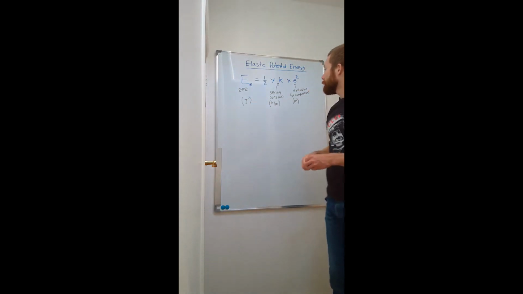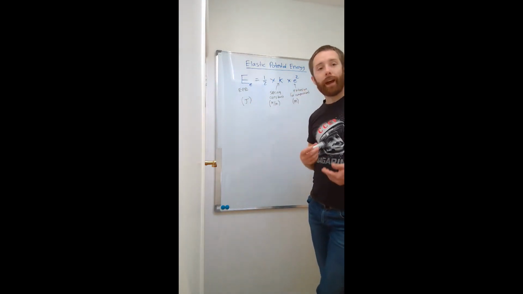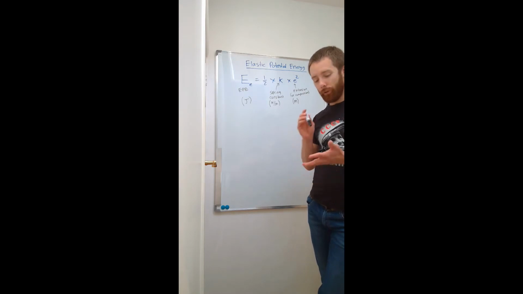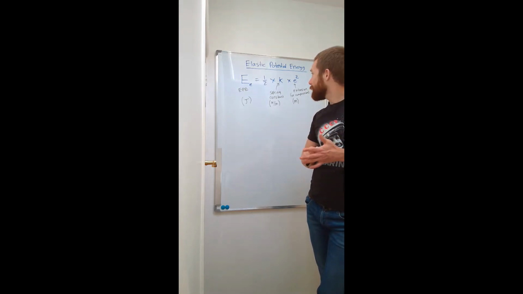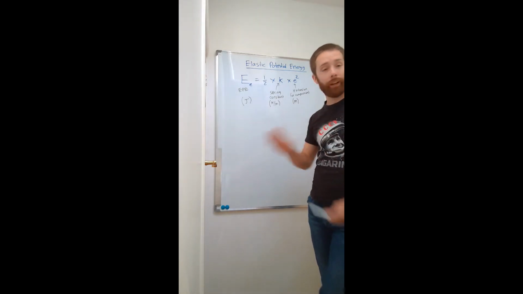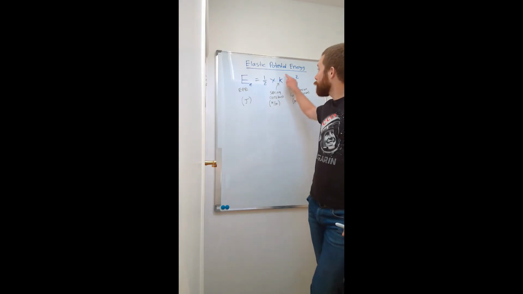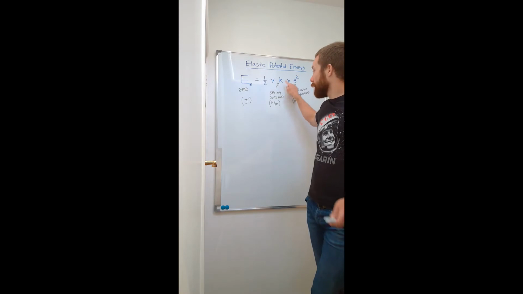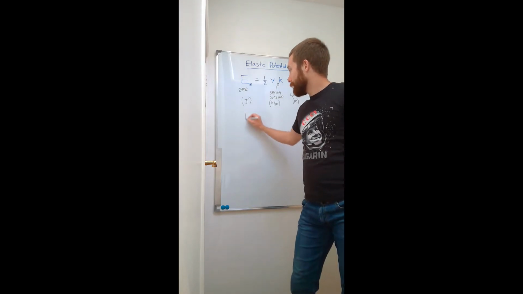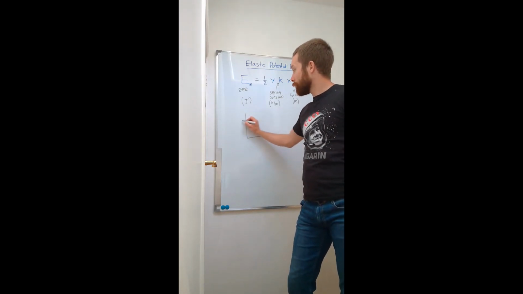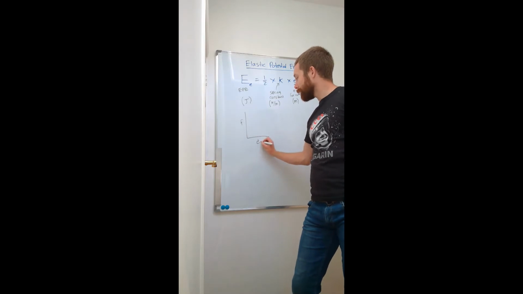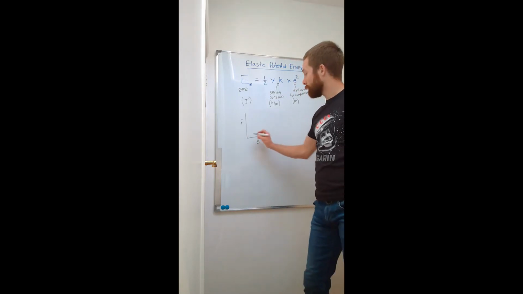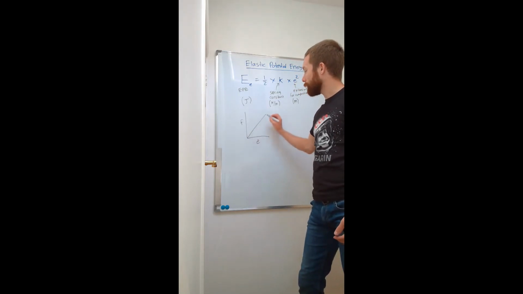Now, something we have to be aware of is that we have to assume here that this is a regular spring that's going to obey Hooke's law. That is a whole other lesson, and there's a whole practical on how we find out what K is. Very briefly, we have to stretch a spring and measure how much force it requires to stretch it by a certain amount.